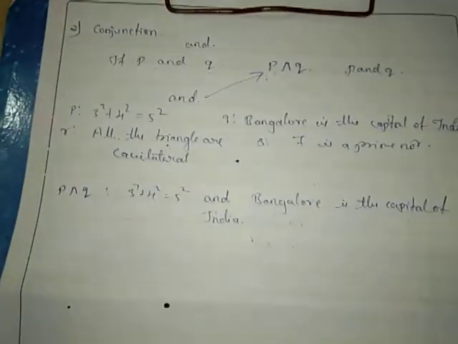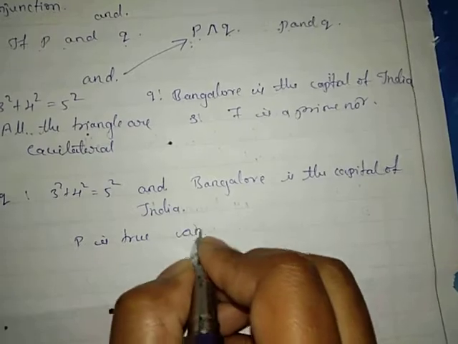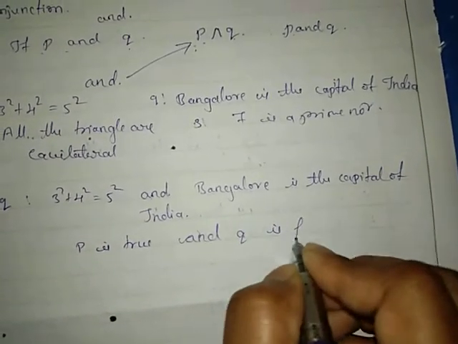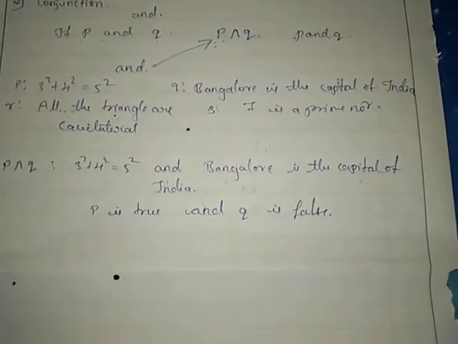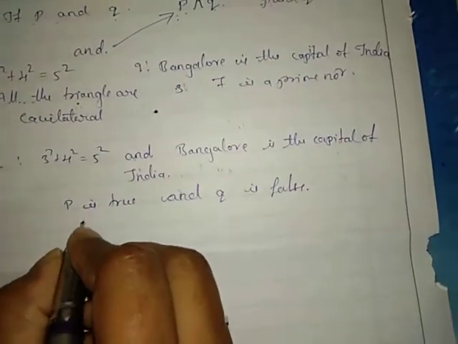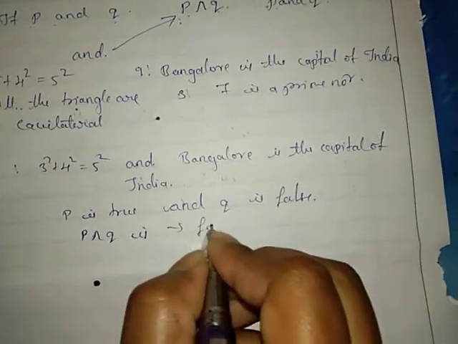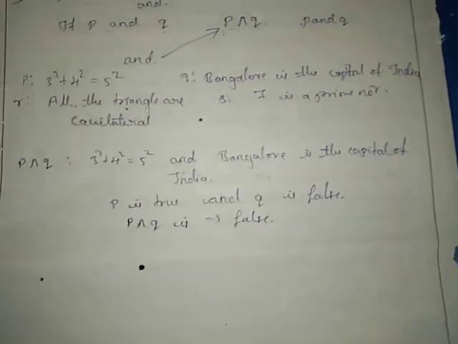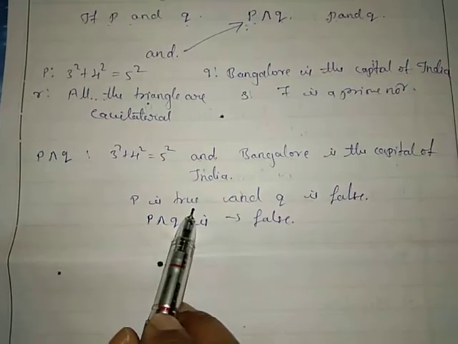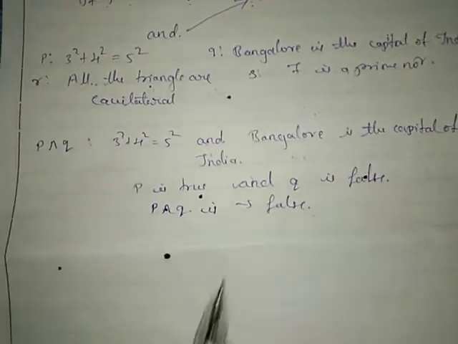Here see that P is true and Q is false. Then P and Q is false. If P is true and Q is false, then P and Q is false.